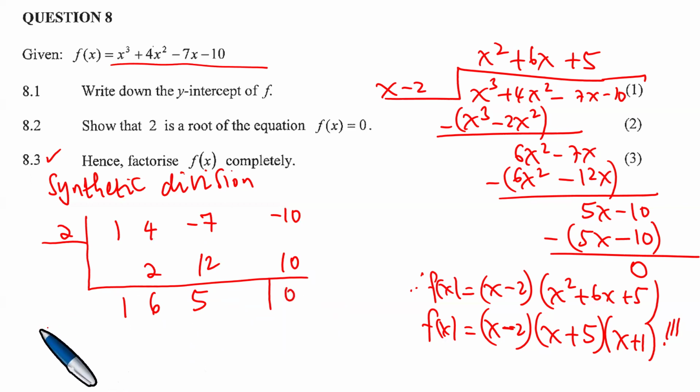Right, and this means that here we had put x cubed, x squared, x, constant term. So what we're able to see here is that this one is going to be associated with an x squared, x, and then constant.